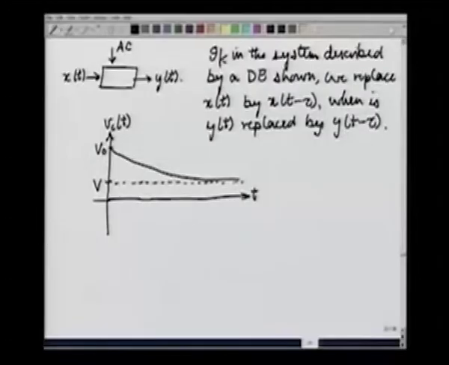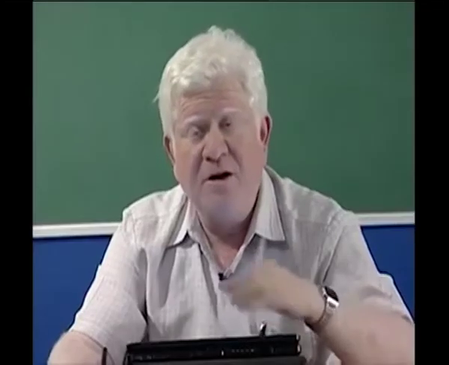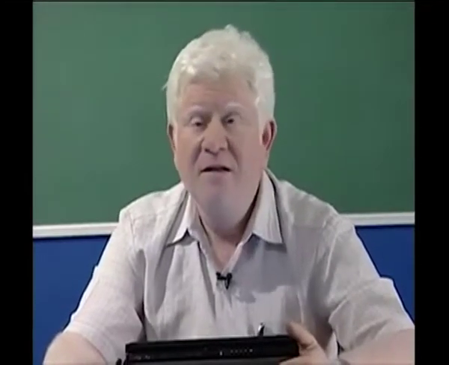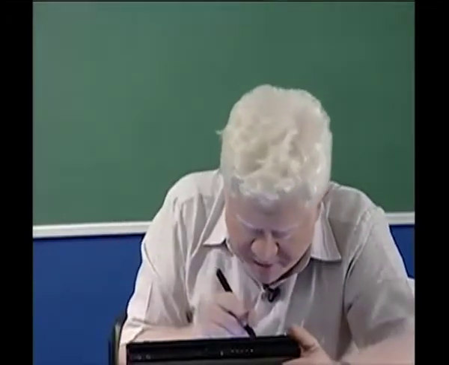Given an initial voltage V0 and given a battery voltage V. Now, what does it mean to say we have shifted the input by a certain time? In this context, it would mean that the switch is thrown at a different time. The capacitor still has an initial voltage of V0 and we switch on or we close the switch in the circuit at some other time different from 0.